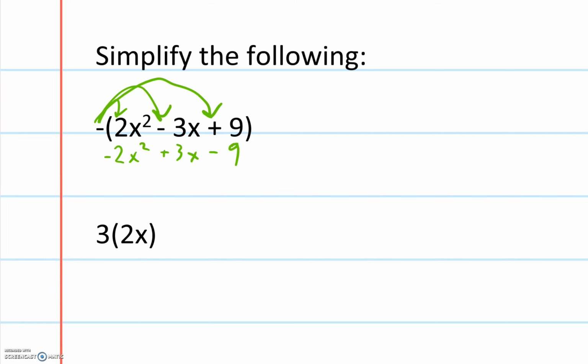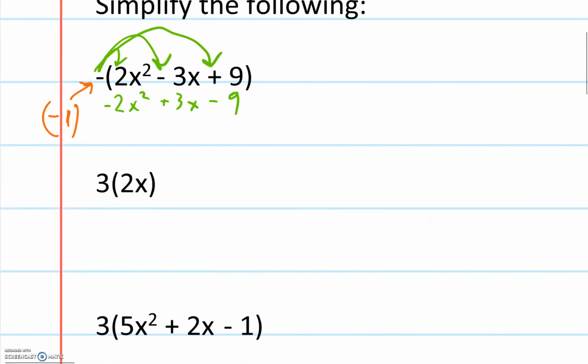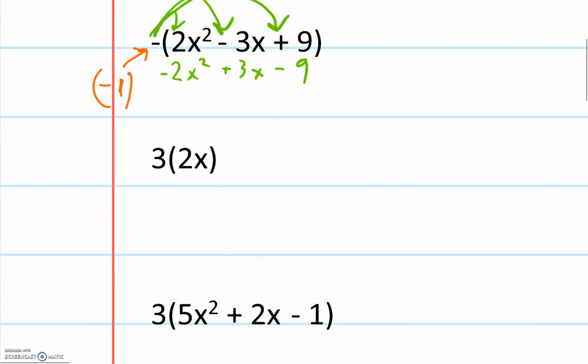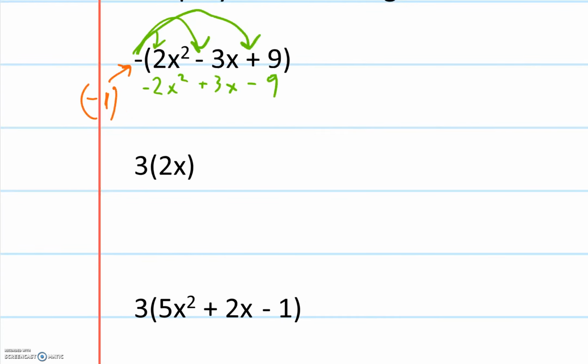But what you're actually doing here, and you might not realize this yet, is multiplying by negative 1. You're multiplying that into the brackets. So you're already doing some of this topic, you just didn't know it yet. Let's take a look at this, and hopefully it becomes more clear as we go.